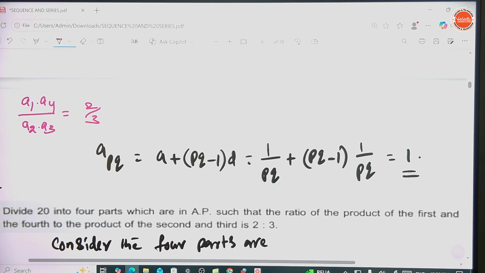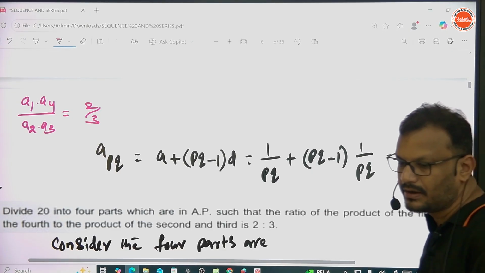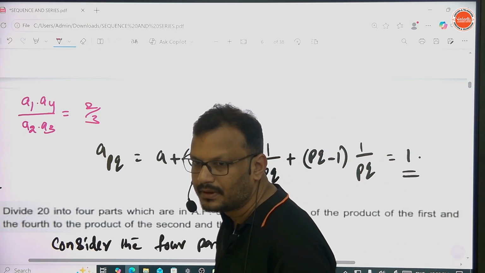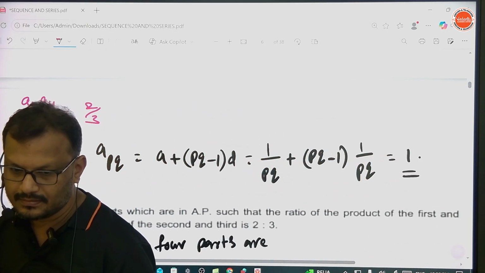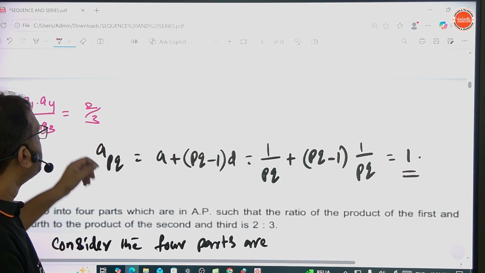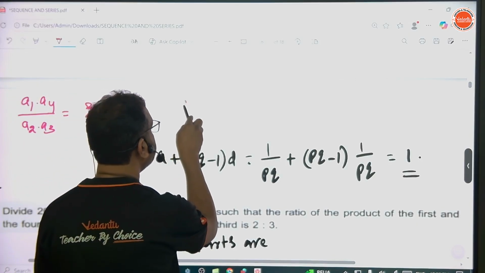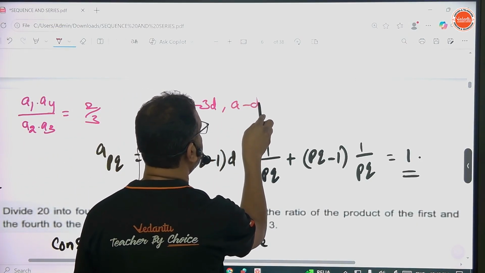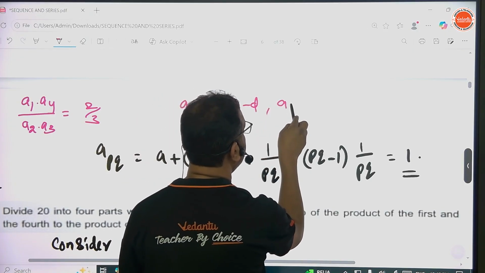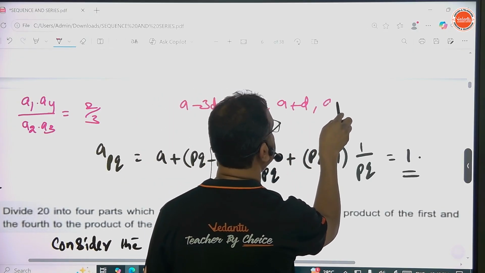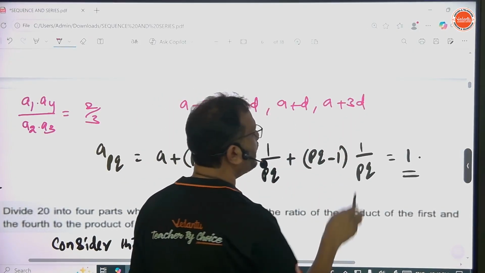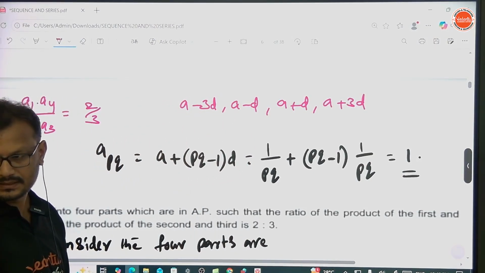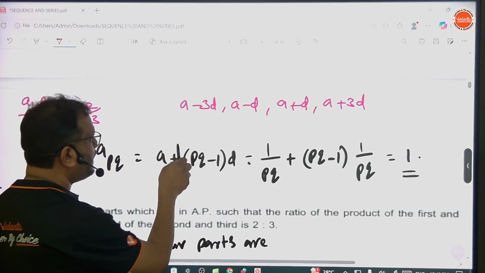What are the numbers you have to consider here? A minus 3D, A minus D, A plus D, and A plus 3D. So obviously from there you will get the A value, no? When you add them, 4A will come.